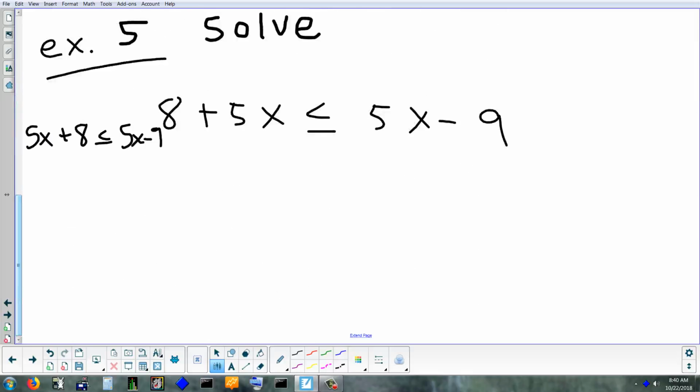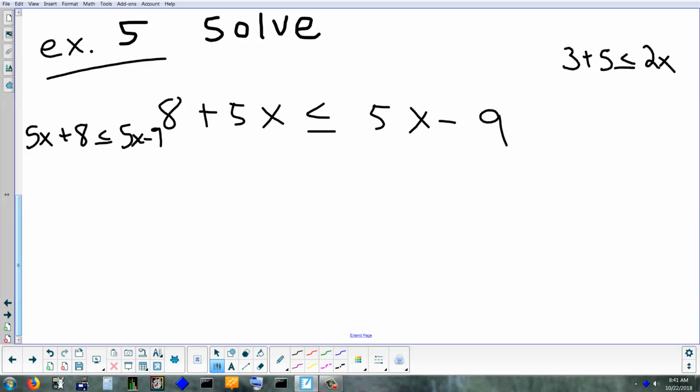The only time that really matters is when you get to the end and you have to flip it, or if this one has two variables. Since we only have one variable, you could flip it around.